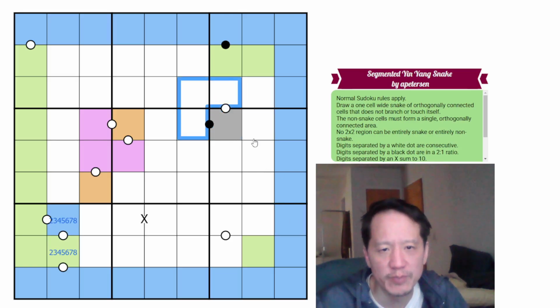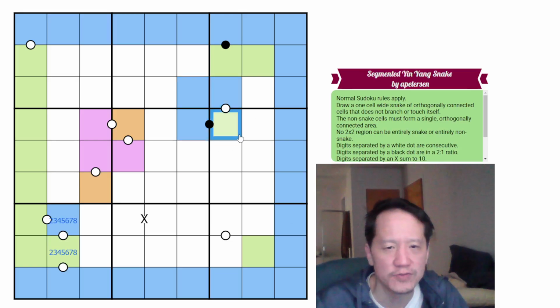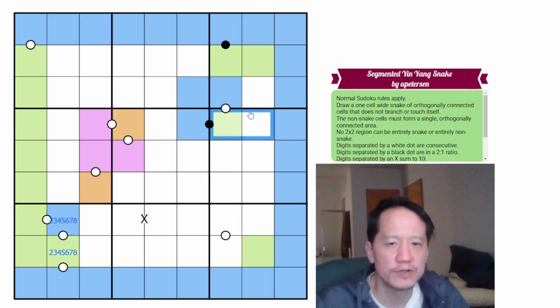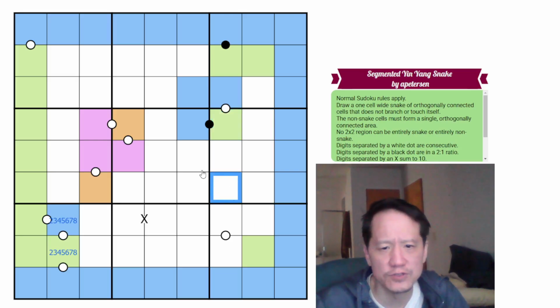So this cannot be part of the snake, so we then have shown that this has to be part of the snake then, right? This could stop here. We don't know. It's unlikely to, but it could.